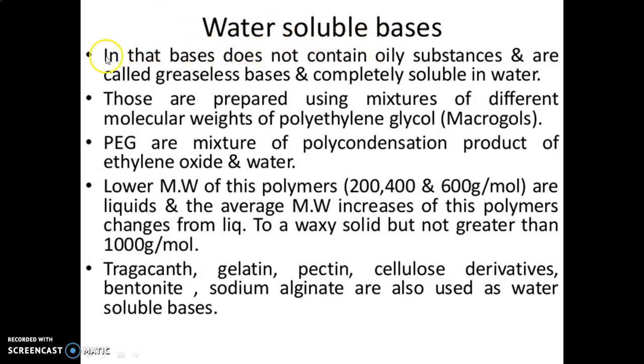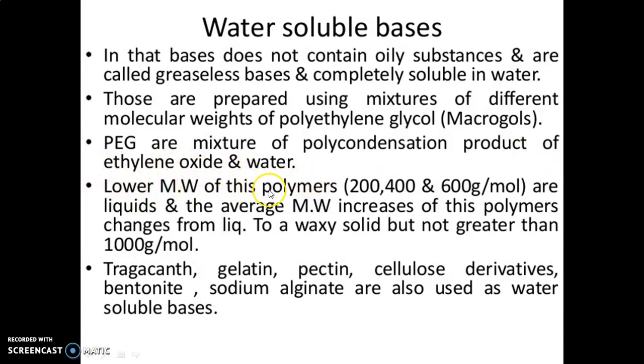Water soluble bases. These bases do not contain oily substances and are called greaseless bases, and are completely soluble in water. Those are prepared using mixtures of different molecular weights of polyethylene glycol, that is macrogols. Polyethylene glycol, PEG, is a mixture of polycondensation products of ethylene oxide and water.